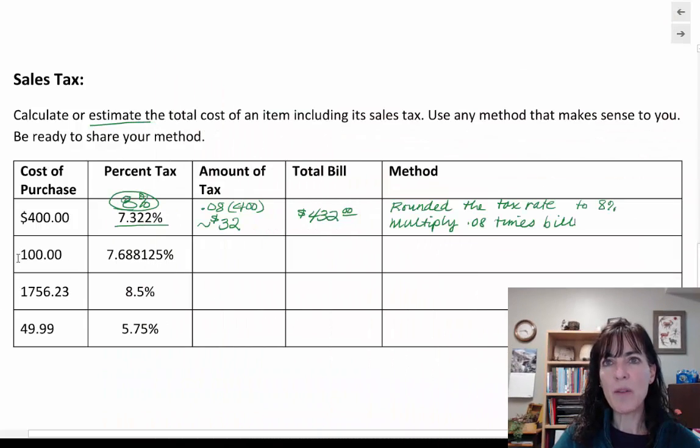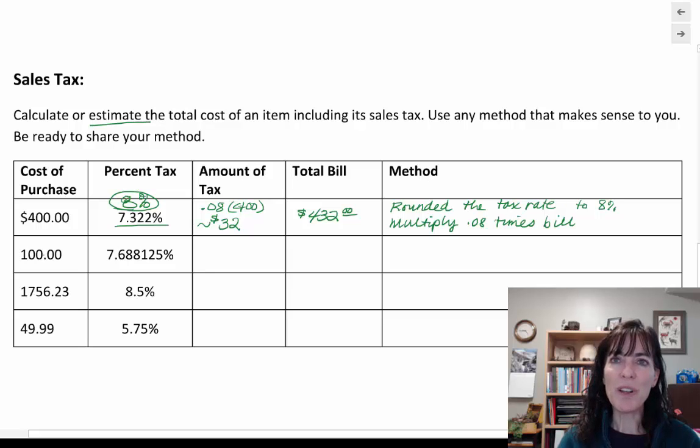Then also we have $100 for the cost of our purchase, and a giant tax rate here, 7.688125, and I think that's the tax rate in Portales, if I remember what I wrote in there correctly. And so this rate you could definitely round to something nearby, and then go ahead and multiply by the 100.